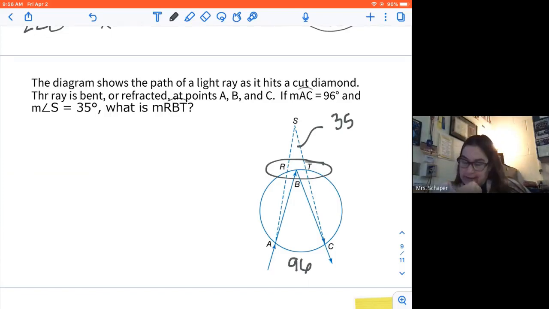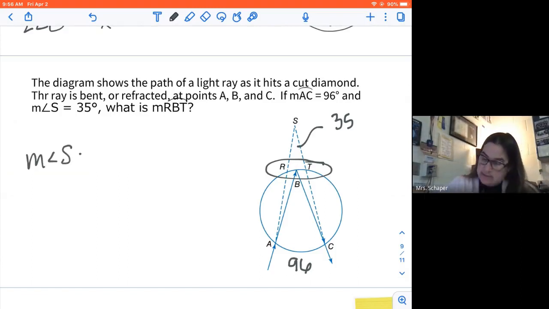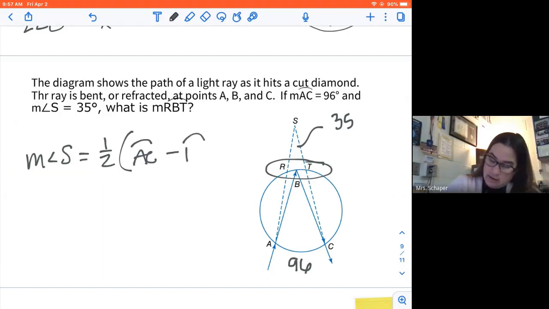All right. So 35, the measurement of angle S, is equal to 1/2 times the difference of arc AC minus arc RBT.